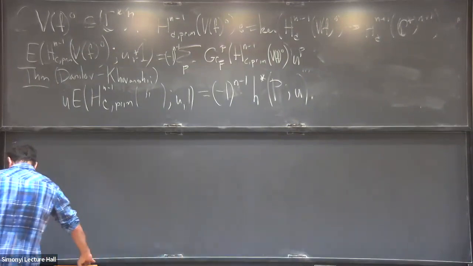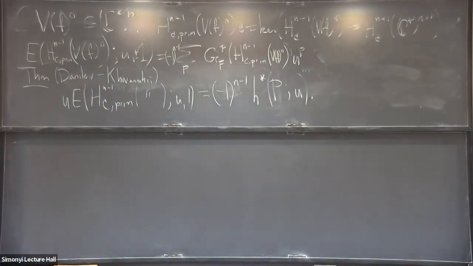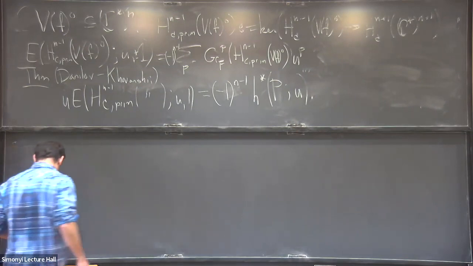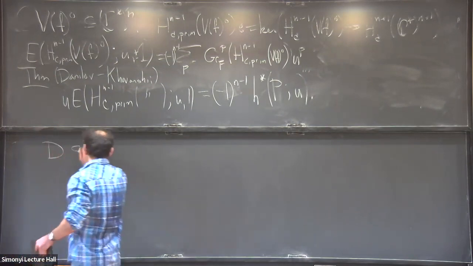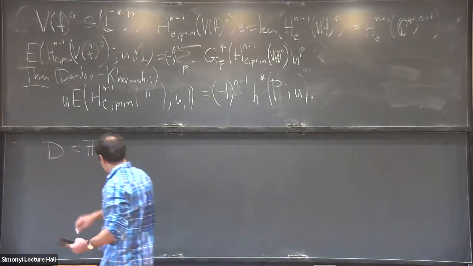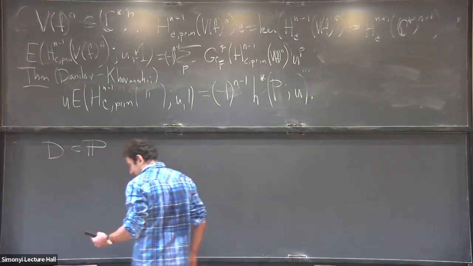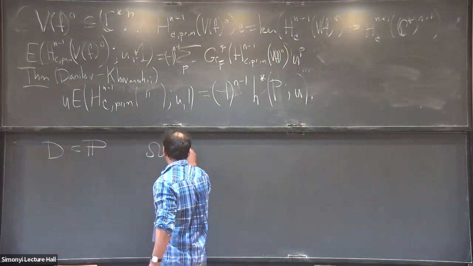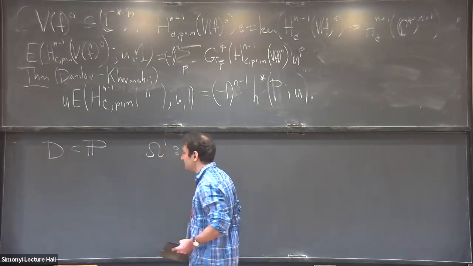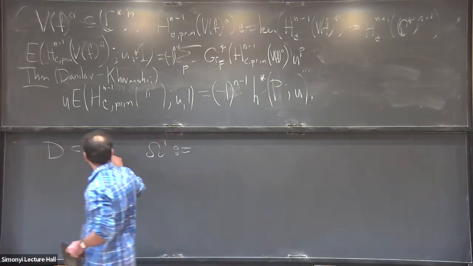Okay. So the idea of the proof is, let's pretend our projective toric variety is smooth. And we've got the toric boundary D, which is just the union of the toric divisors.